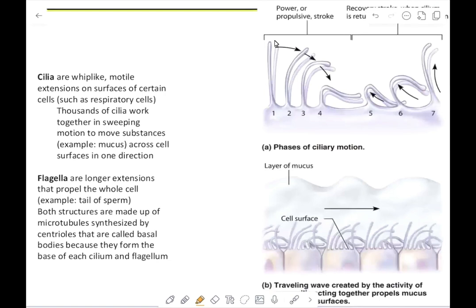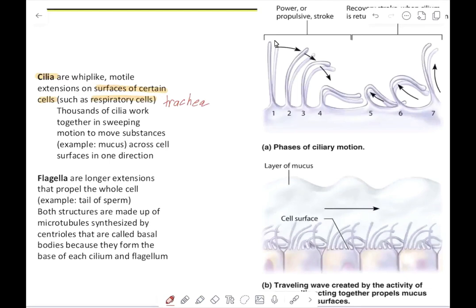Both cilia and flagella are extensions from a cell. Cilia are stationary. They're whip-like motile extensions on surfaces of certain cells, like the respiratory cells. And the example would be in the trachea.